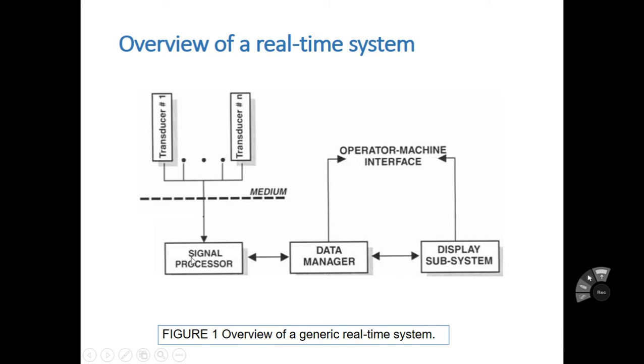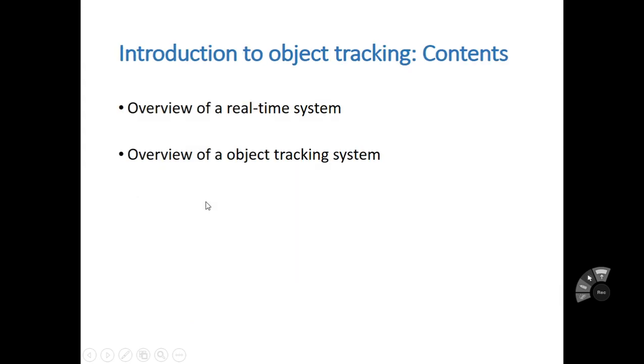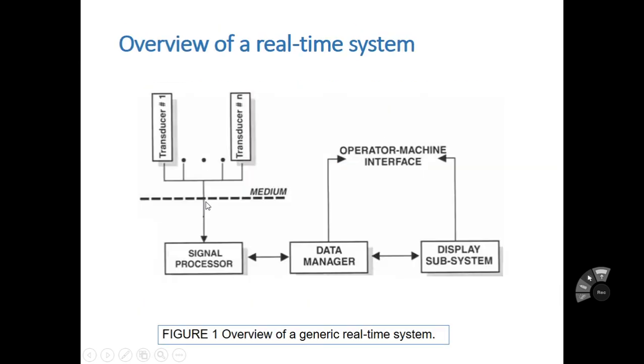The signal processor provides the mainstream signal for detection and initial parameter estimation.